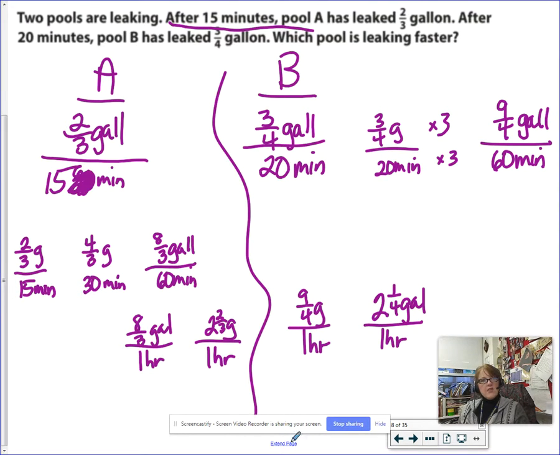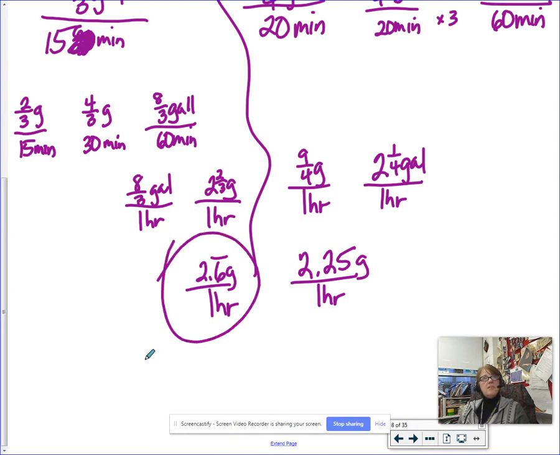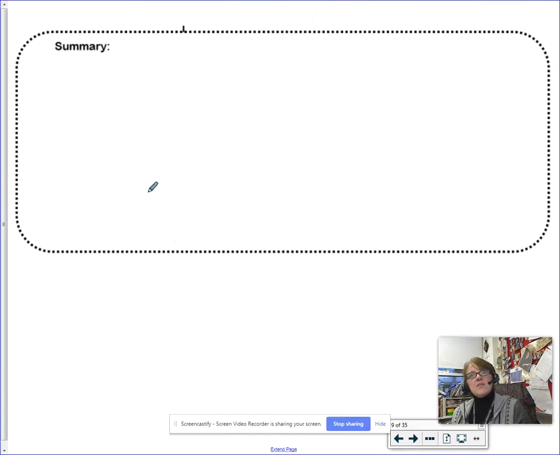If you're still not sure, change it into a decimal. 2 2/3 is 2.6 repeating gallons per hour. 2 1/4 is 2 25/100 gallons in 1 hour. So, which one's leaking faster? Pool A. If you had to quick decide which one you're going to fix first, I would fix pool A first because it's leaking more water. Hopefully you could get some help so that you could do it all.